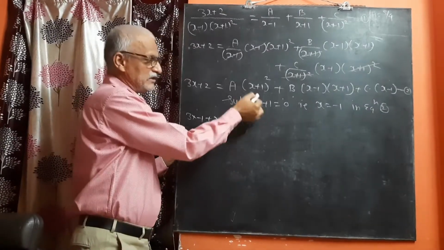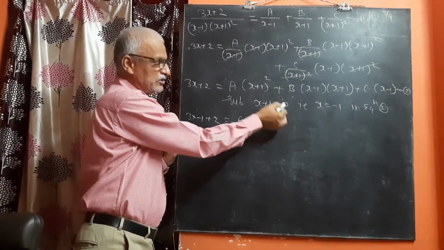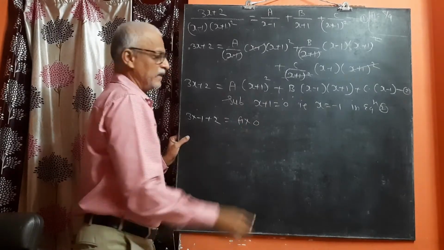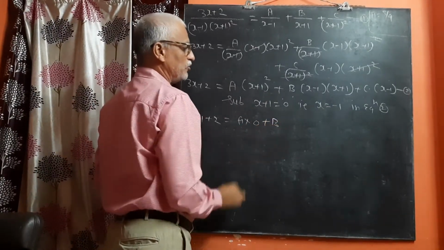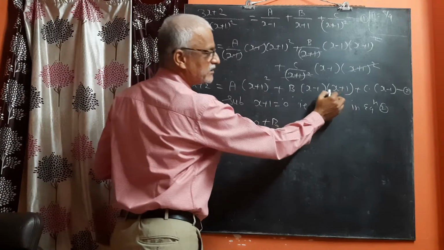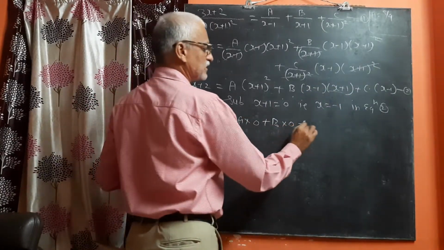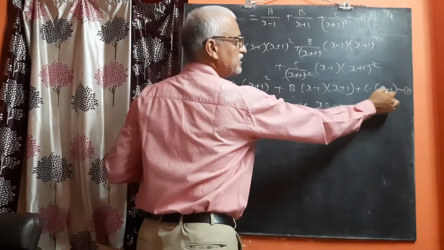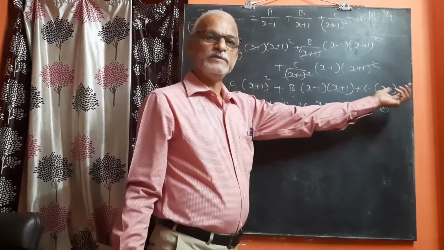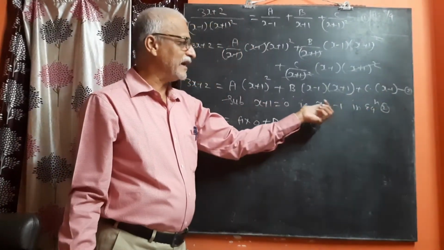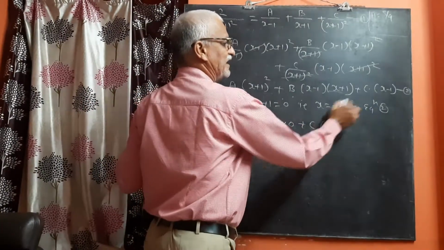Since the value of x plus 1 equals 0, you can directly write 0, plus b into again x plus 1 which is 0, plus c into, now in this case there is no x plus 1, so we have to substitute the value of x directly, c into x is minus 1, so minus 1 minus 2.